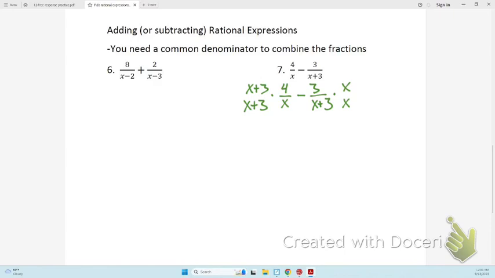And now we'll have a common denominator. We have this up top on the left fraction, and we have this up top on the second fraction. We also have a common denominator, so I can combine into one fraction.